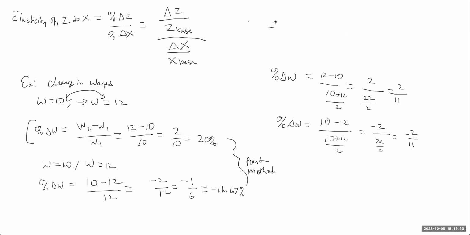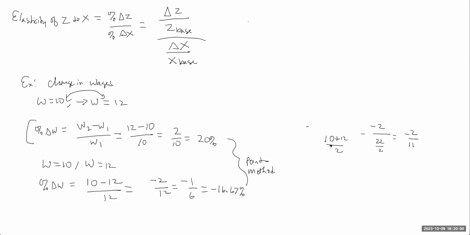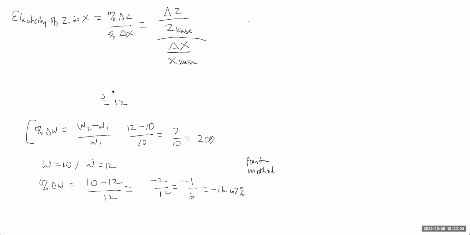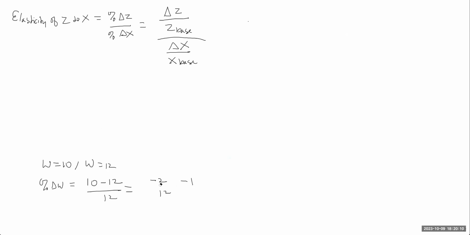Apply the midpoint method to the elasticity formula, and let's see what the elasticity formula looks like. Let me erase, erase, erase, erase, erase. Oh my God, I need a bigger eraser.